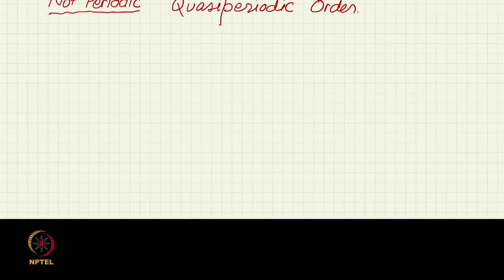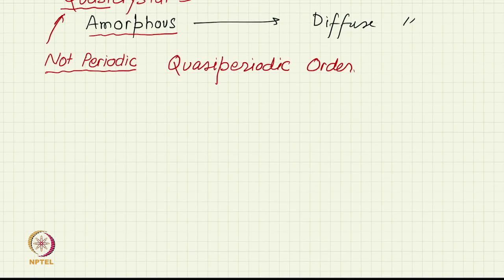Let me just give you a one dimensional example of quasi-periodic order, which is very well known in this quasi-crystal literature. 3D is more challenging. So, let us start with what is called a Fibonacci sequence.